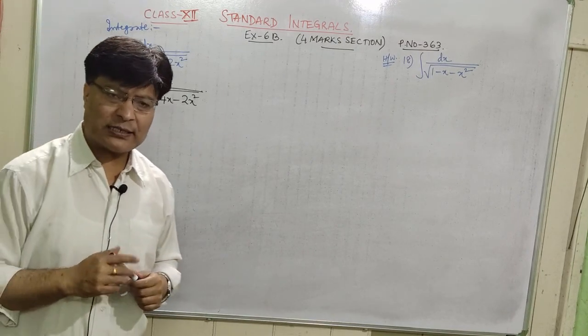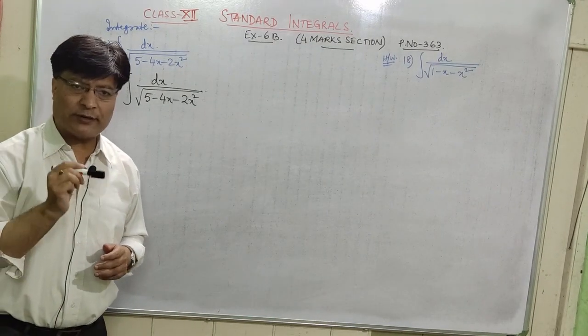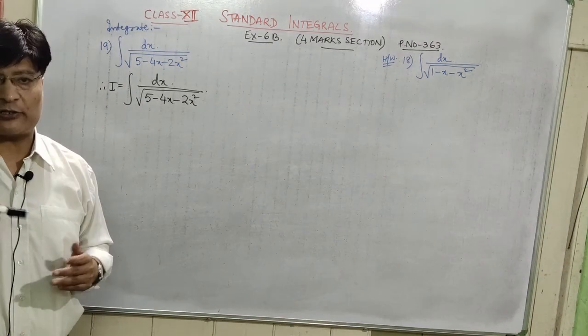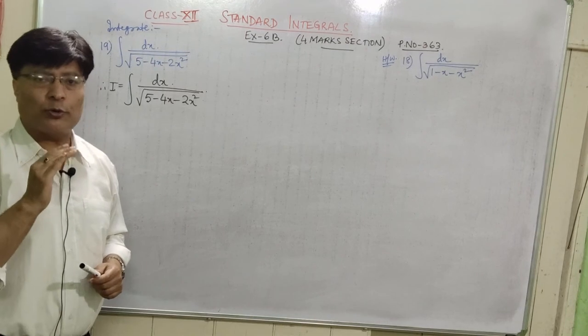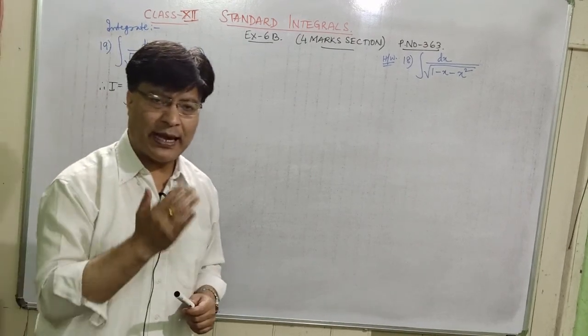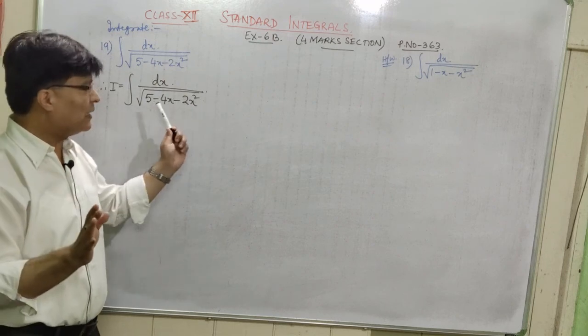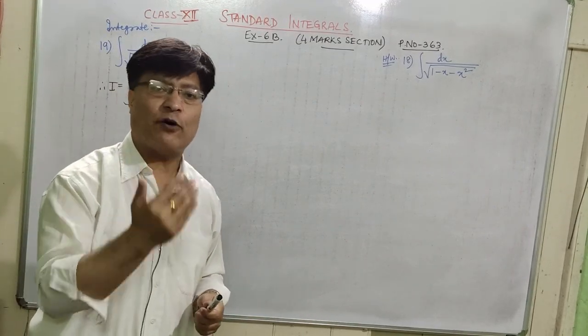But I told you that whenever the expression is under square root, and if the coefficient of x square is positive, and if you can factorize the expression, factorize it. But if the expression is under square root but the coefficient of x square is negative, and if it can be factorized, don't factorize it. Directly you have to convert into standard form so that we can use directly formula number 6.